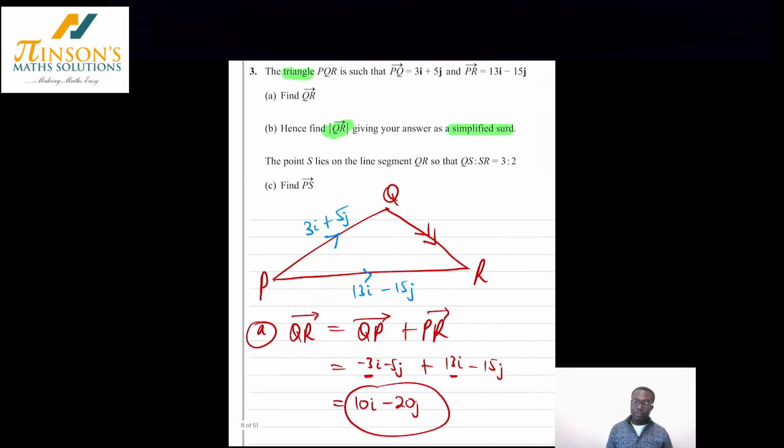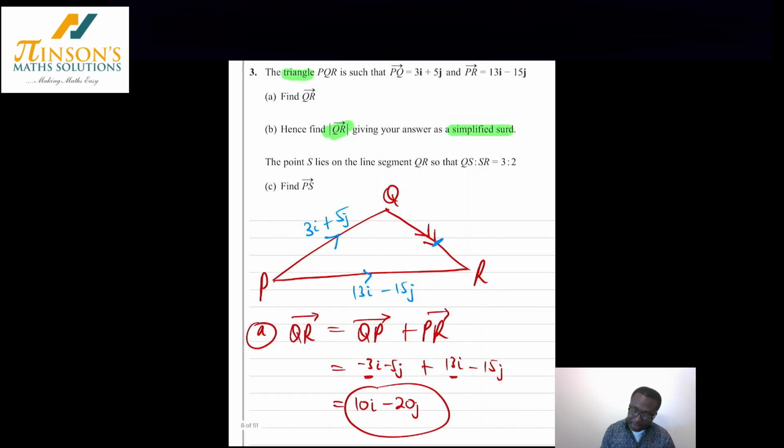The C part of the question is talking about linking everything with ratios. So it says the point S lies on the line segment QR, so that the ratio QS to SR is 3 to 2. So let's make an assumption that S is somewhere here.